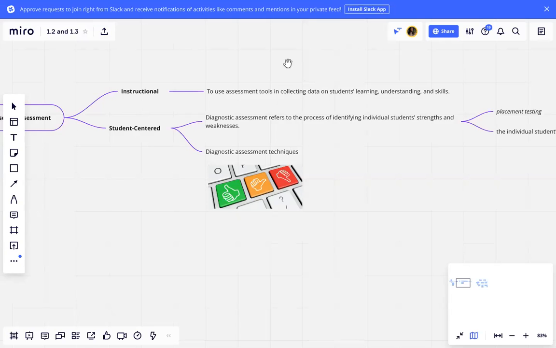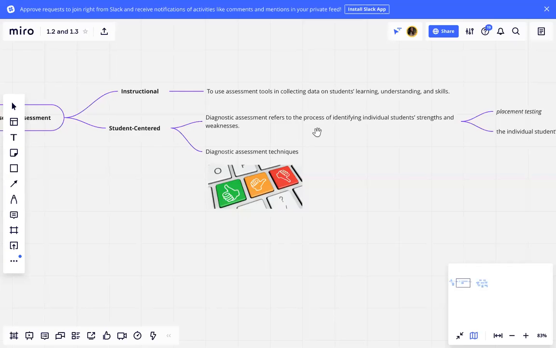What I was saying is that diagnostic assessment is the same, and it's also related with placement testing. However, the purpose of placement is to group students in a class based on, for example, similar skills development, as we were discussing before.